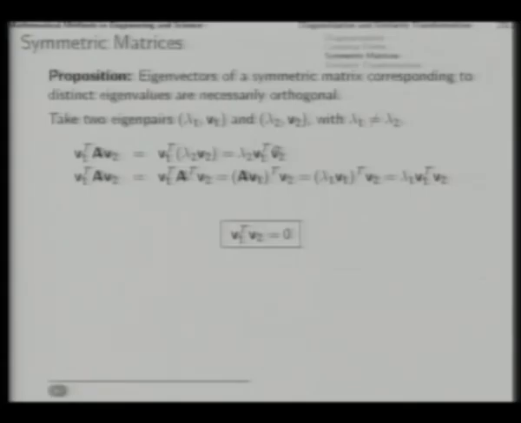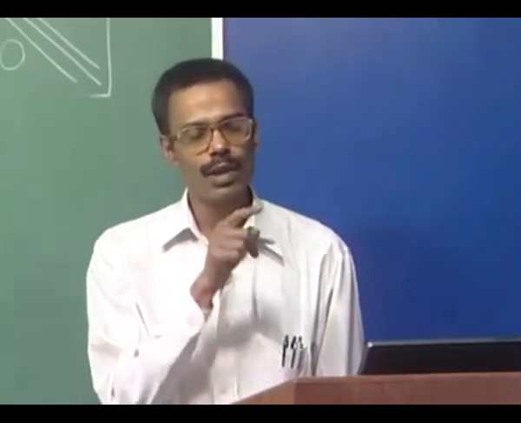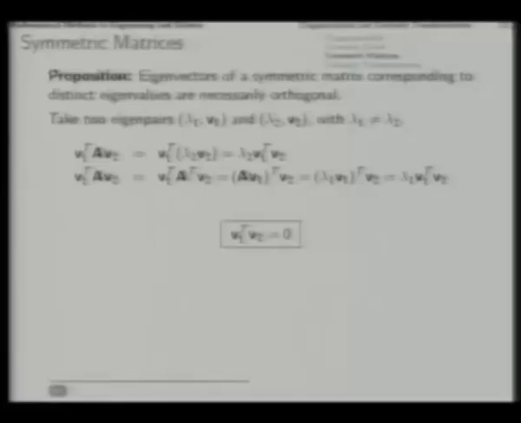In the second case, in place of A we use A transpose, that is the place where we use symmetry, and in that case V1 transpose A transpose is the transpose of AV1, but AV1 is lambda 1 into V1, and that will tell us that this turns out to be lambda 1 into V1 transpose V2.